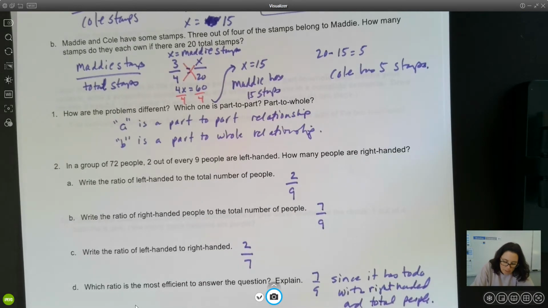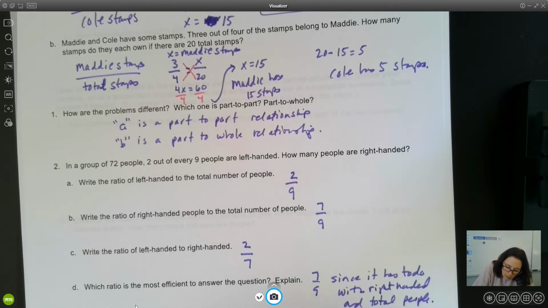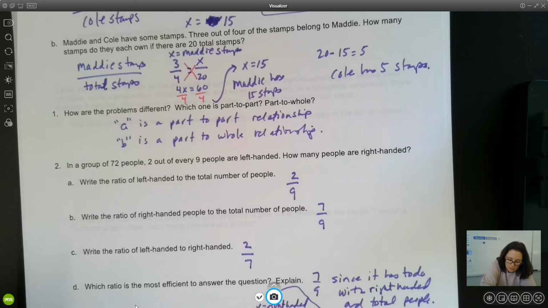The way that you would show the work for that, we're going to do right-handed over total people. We're going to have 7 over 9 equals how many right-handed out of 72. So x equals right-handed. If we do our cross multiplying, we'd have 9x equal 7 times 72.